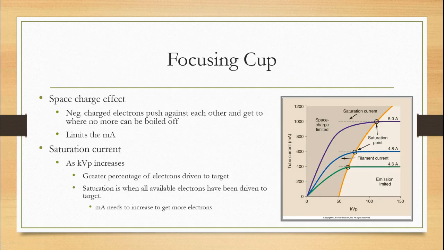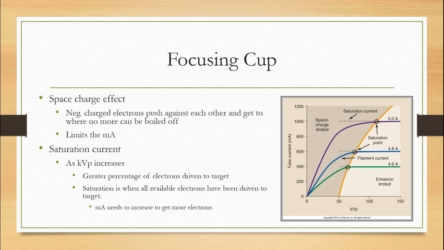Okay, so space charge effect. With a negative charge, electrons push against each other until no more can be boiled off. What that means is it limits the mA. There's a constant repulsion between the electrons. They're both negative, so they don't want to be next to each other. They're constantly trying to keep a certain distance from each other.